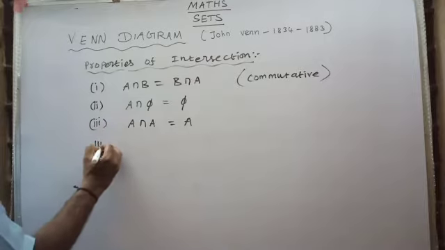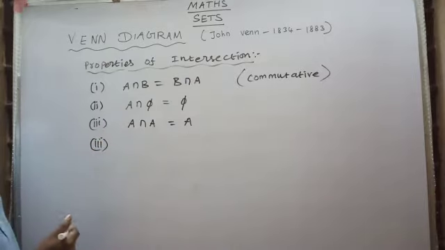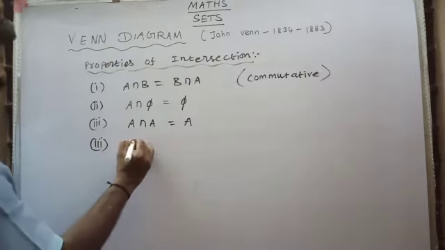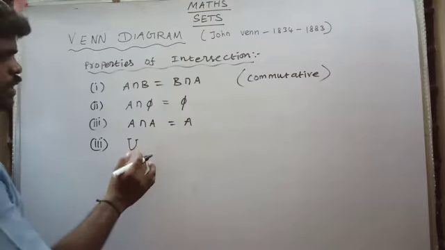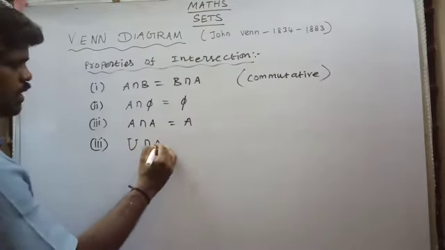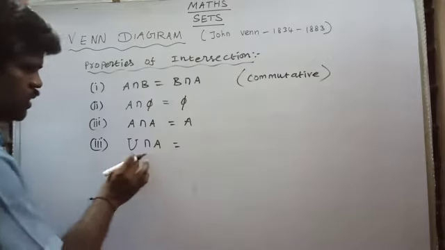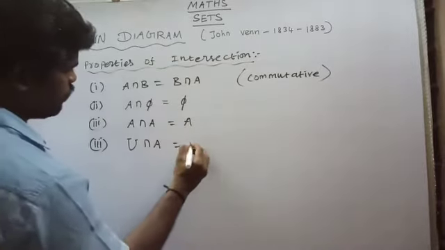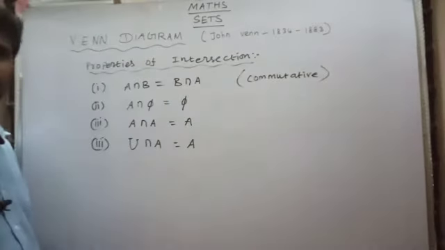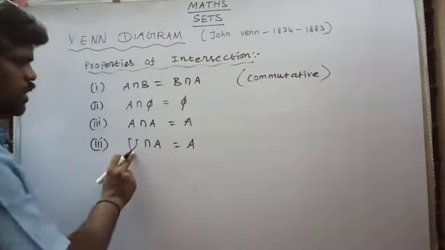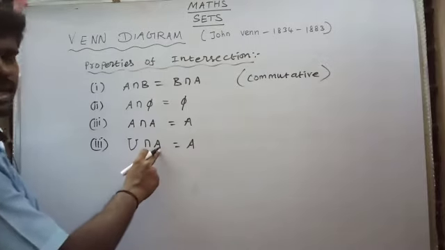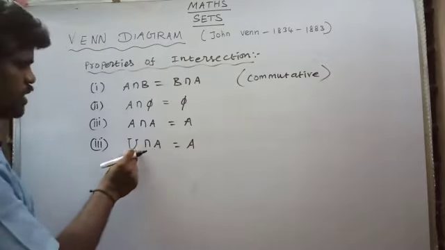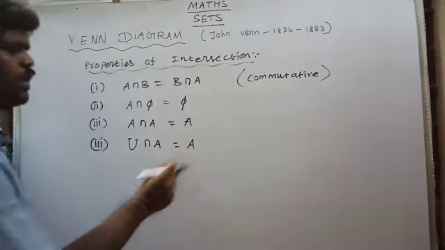And number 4, the universal property: the universal set U intersection A is equal to A, since both sets have common elements only in A. Universal set having all elements in A, so U intersection A is equal to A.